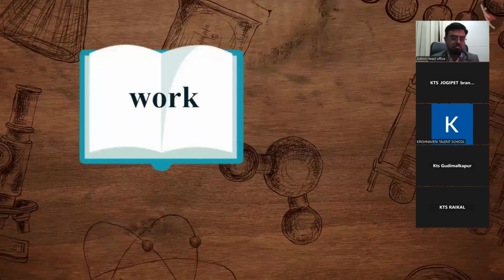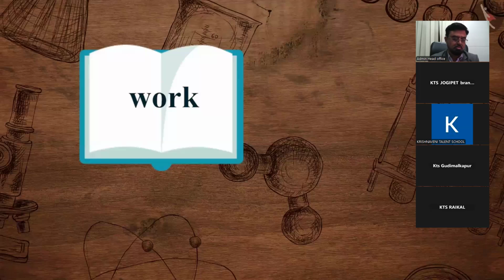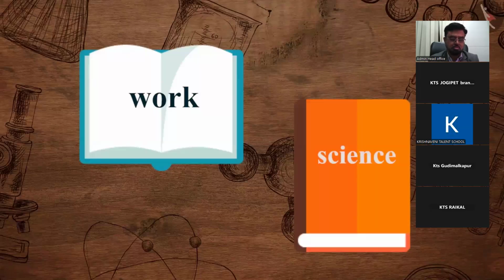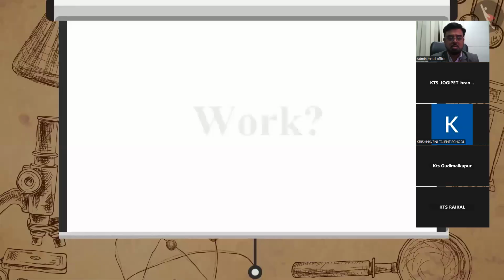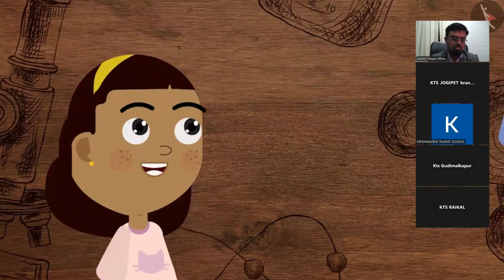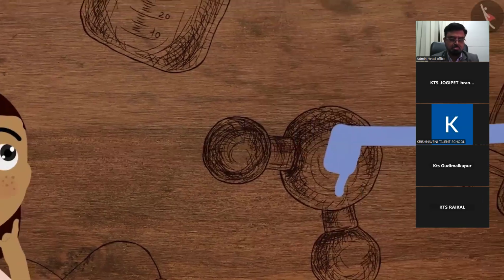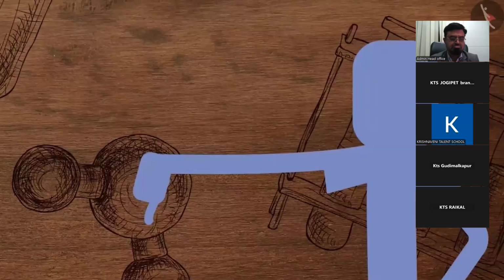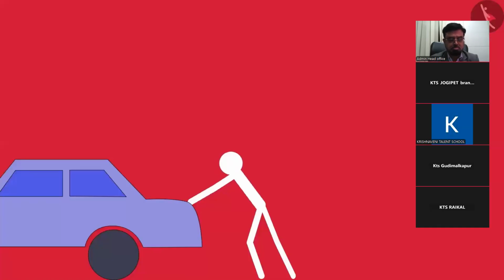The term work has different meanings in our daily life and in science. What exactly do you think work is? Let's discuss some instances which we think of as work, but science considers as work not done. You try to push a car, but the car does not move an inch. You might say that you have worked hard to displace the car, but according to science, no work is done here.